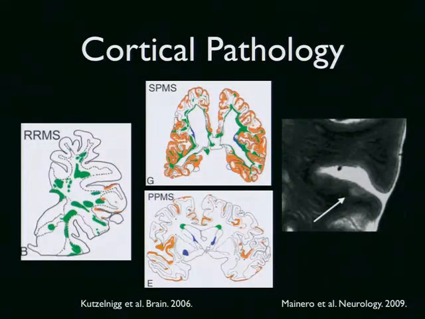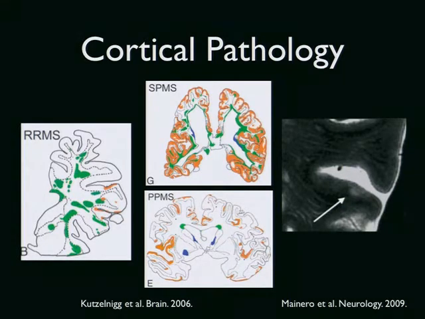However, that's on autopsy. The ability to detect these cortical lesions has been poor with conventional MRI, or at least at conventional field strengths.